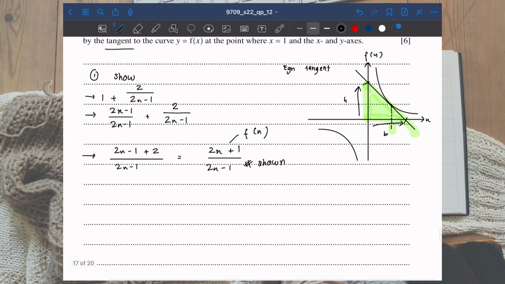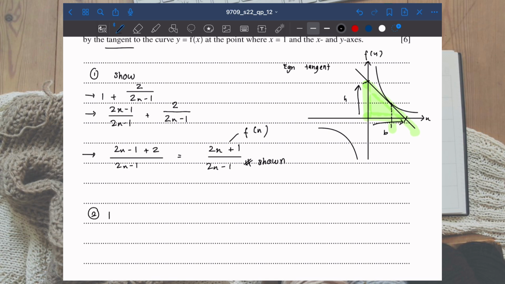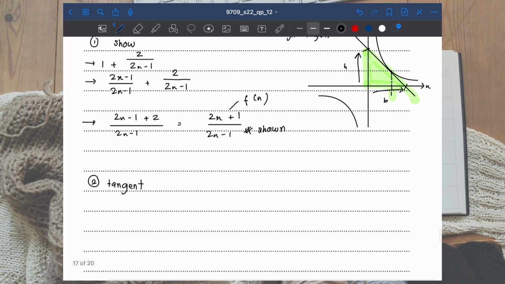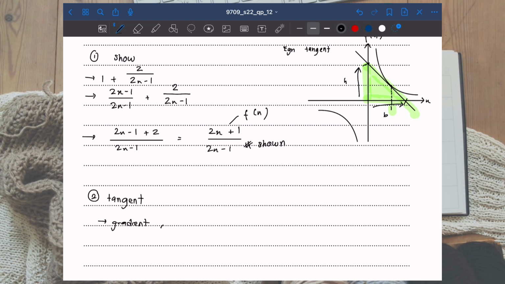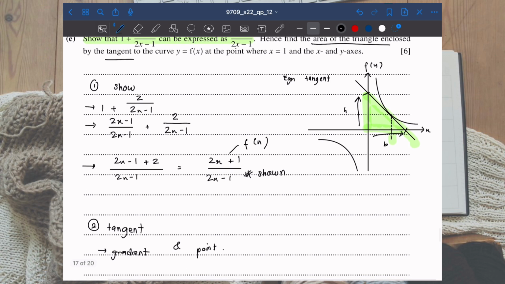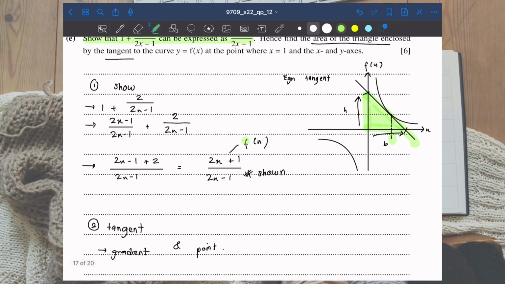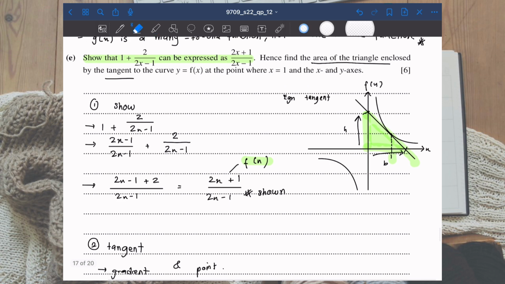So to find the equation of the tangent, we need to find the gradient and the point that lies on the line. So to find the gradient, we need to differentiate f of x. f of x can be differentiated more easily using this expression.